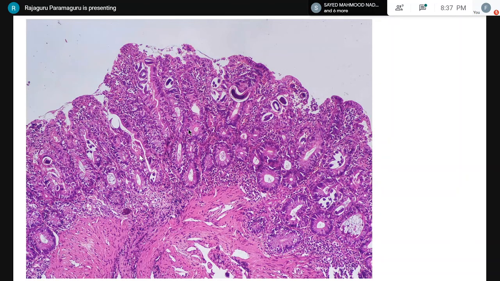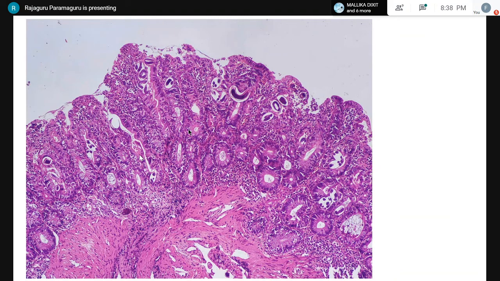Yes, sir. So this is a duodenal biopsy where you find villus blunting, and you see a lot of these foamy histiocytes in the lamina propria, and there are some dilated lacteals also.